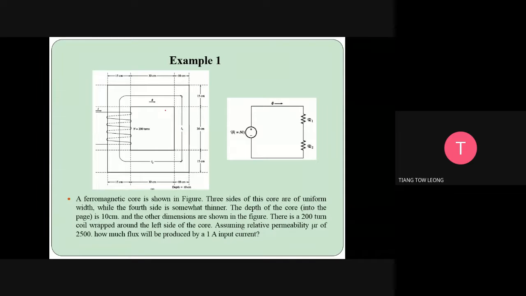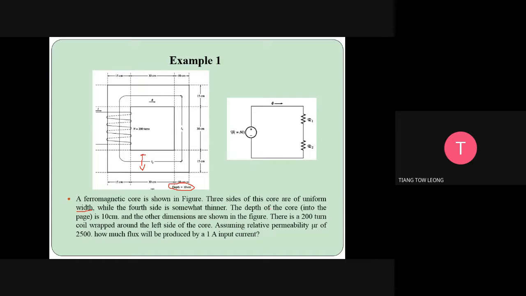So a ferromagnetic core is shown in the figure. Three sides of the core are of a uniform width. A uniform width, which is the so-called width. How to determine uniform width? Width means thickness. The depth is 10 cm, while the fourth side is somewhat thinner. Oh no. The width is this one. This is width.